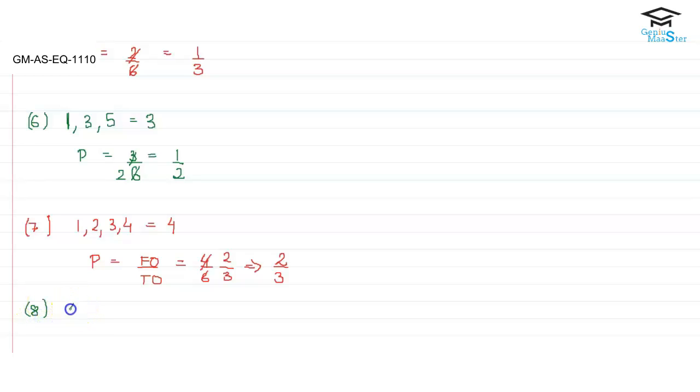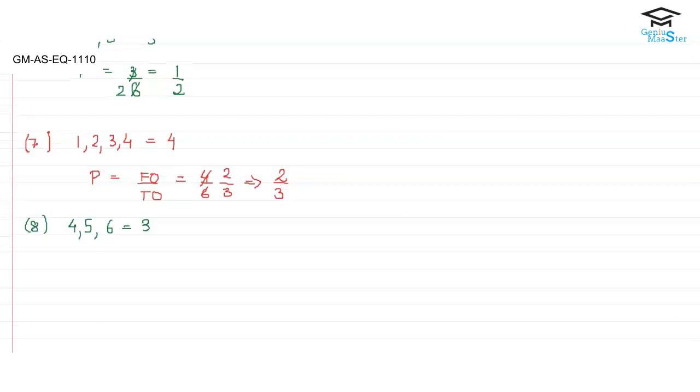So the numbers greater than 3 are 4, 5 and 6. So total favorable outcome is equal to 3. So probability would be equal to 3 by 6, and when we cancel it, we get 1 by 2. So this is the probability of our 8th part.